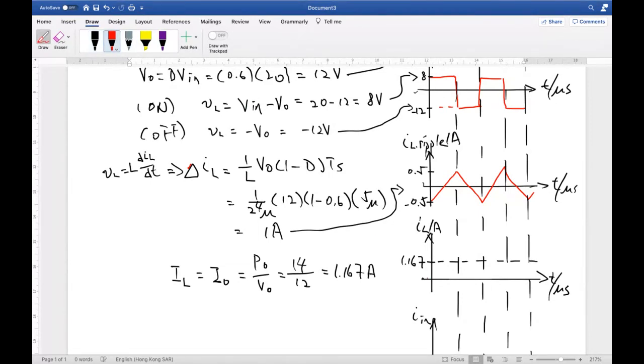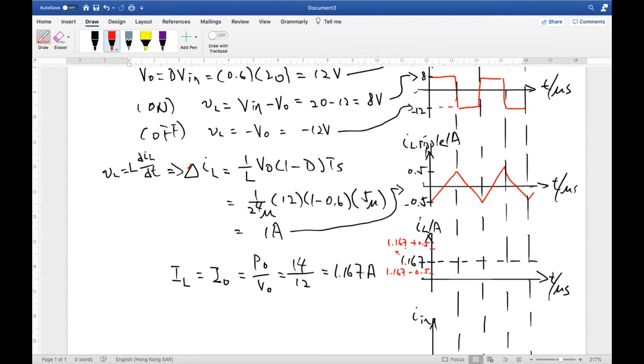So to draw this, we need to keep the delta peak to peak value, right? So this one should be 1.167 minus 0.5, and this one should be 1.167 plus 0.5.